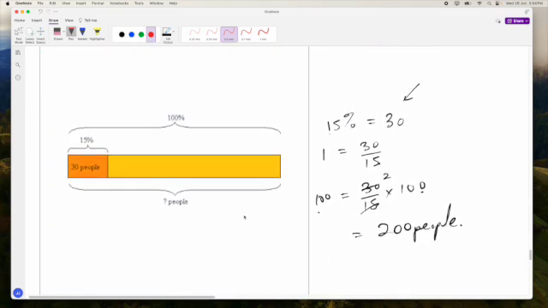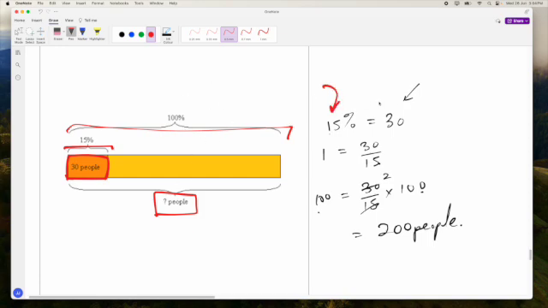And of course, we just took a look at a final question here, and so we see here that 100% of people is not known, but we know that 30 people is 15%, and we've been doing questions like this all class.